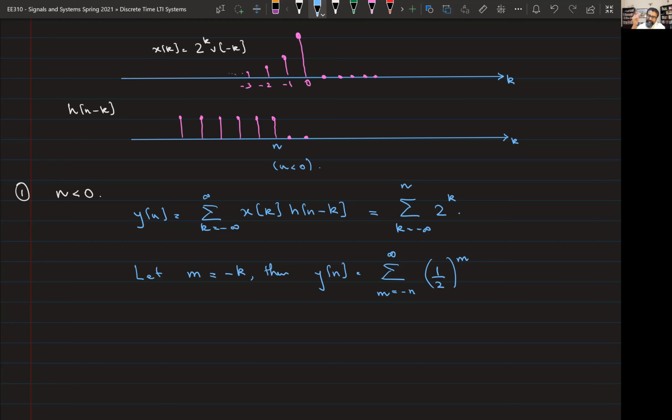But this one goes from minus n to infinity. So I need to somehow change that limit at the bottom to 0. Because n is negative, summing from minus n to infinity means I can break it down into two pieces, from minus n to 0 and then from 1 to infinity. That's one way to do it.